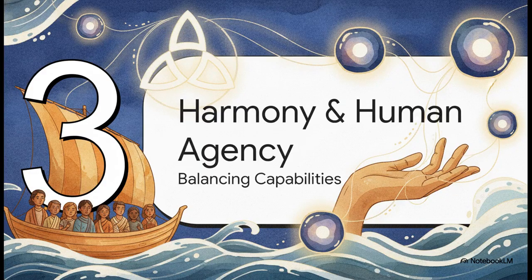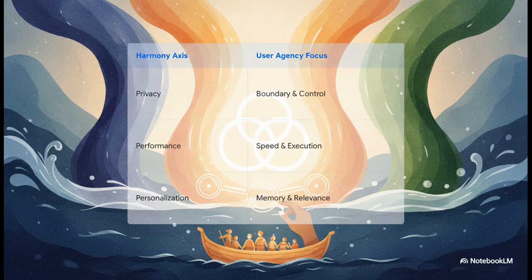Moving right along to Section 3, Harmony and Human Agency. Now, what's really interesting about this slide is how it balances what we call the harmony axis. It's built on 3 pillars: privacy, performance, and personalization. Privacy ensures your right to boundaries, control, locality, and non-extraction. Performance delivers the speed, capability, reliability, and execution you actually need.